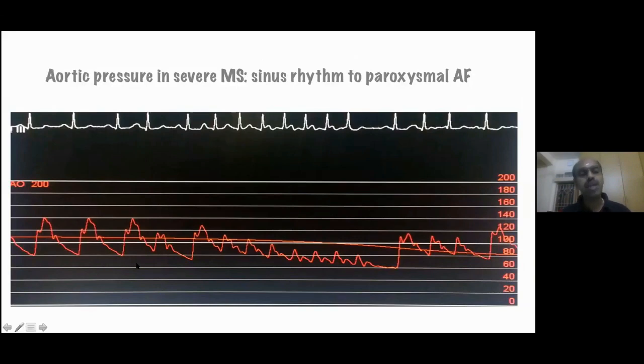A stable patient with mitral stenosis, when he gets a run of atrial fibrillation, there is a profound fall in the aortic pressures caused by rapid atrial tachyarrhythmia, which causes low diastolic filling and worsens the hemodynamics in mitral stenosis.